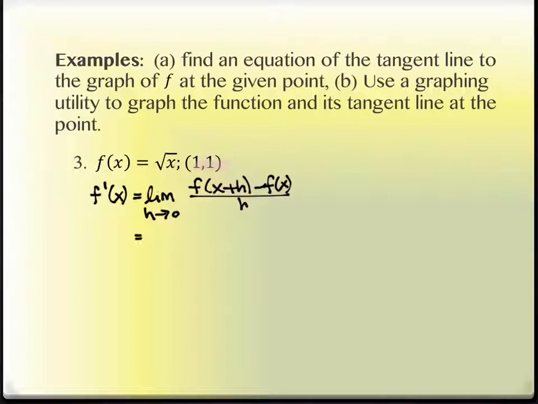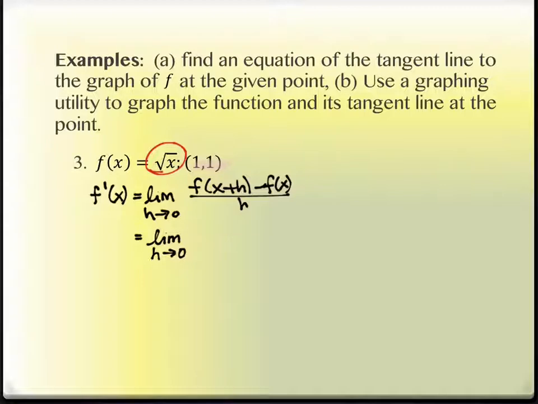But I can't ignore the function because the function itself is telling me what I have to do for the different pieces in the limit problem. So the limit as h approaches 0. On the first part it says f of x plus h, so that's the part where I have to replace the x with x plus h.